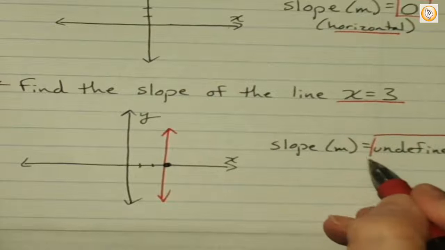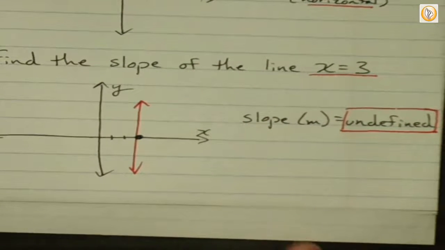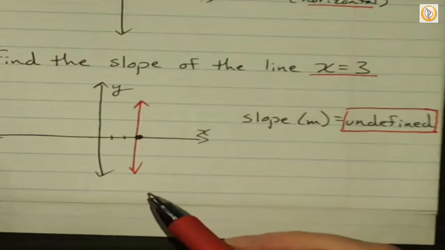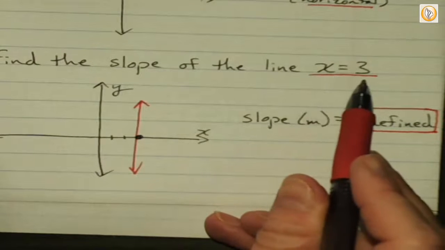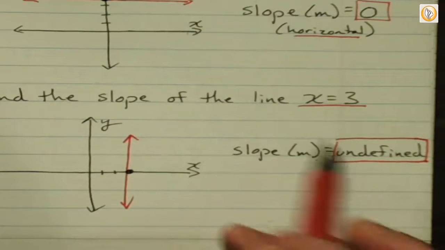You would think it was 0, but it's not. The reason being, when we're dealing with x, usually that's with the slope. So if it's x equals 3, then your slope is undefined.